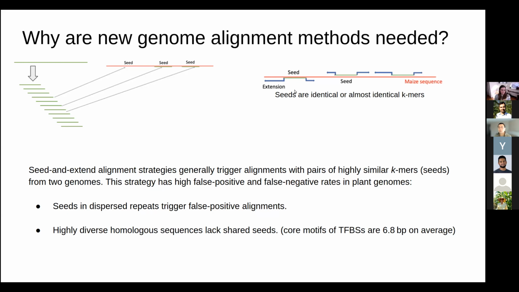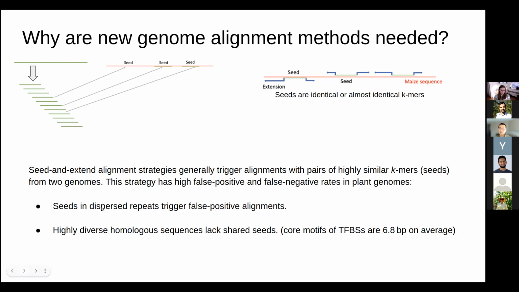We use these k-mers as seeds, and we do the extension using a dynamic programming algorithm. If there are repeat sequences in the genome, we may generate false positive seeds and false positive alignments.